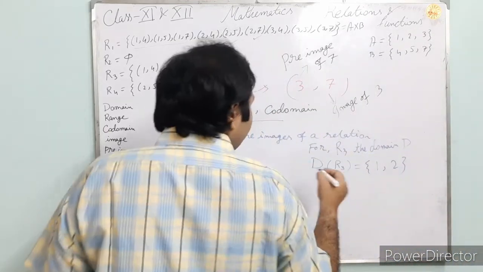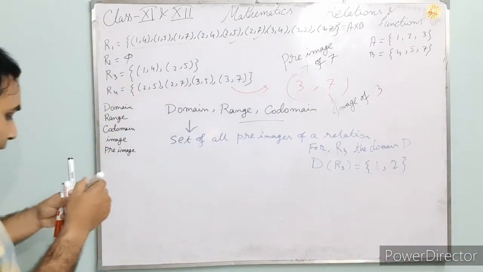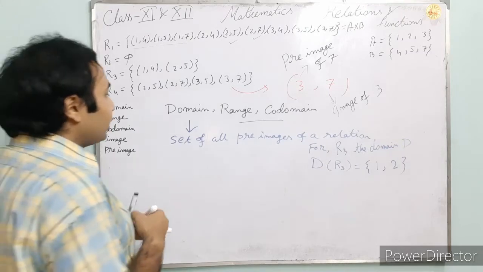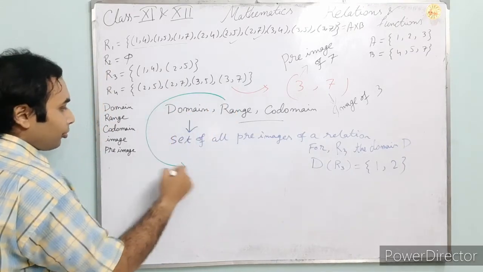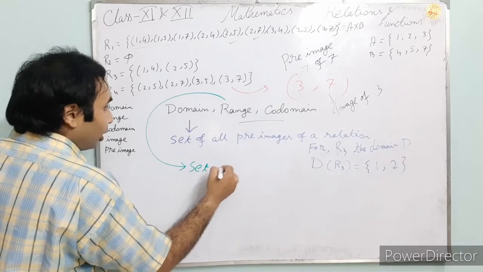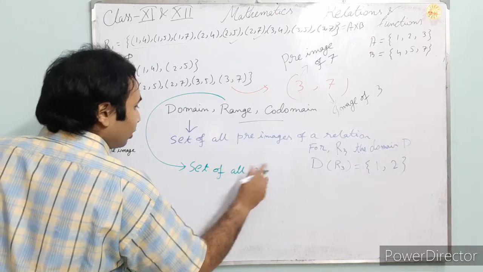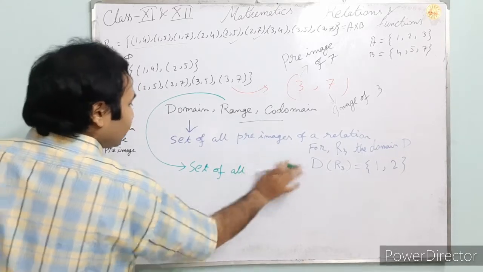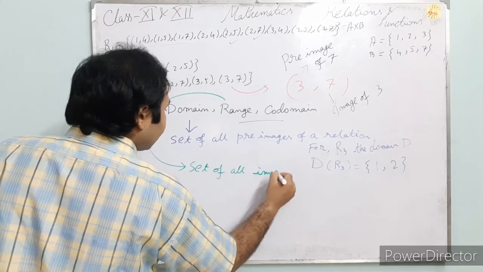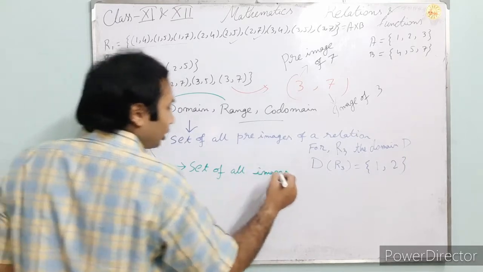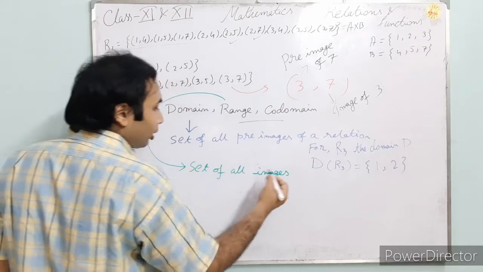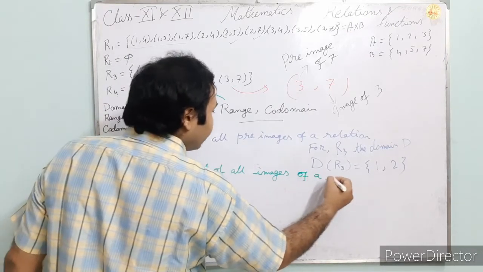So simple. The range. Range means the set of all images, that means the second coordinates or second elements of the ordered pairs, images of a relation.